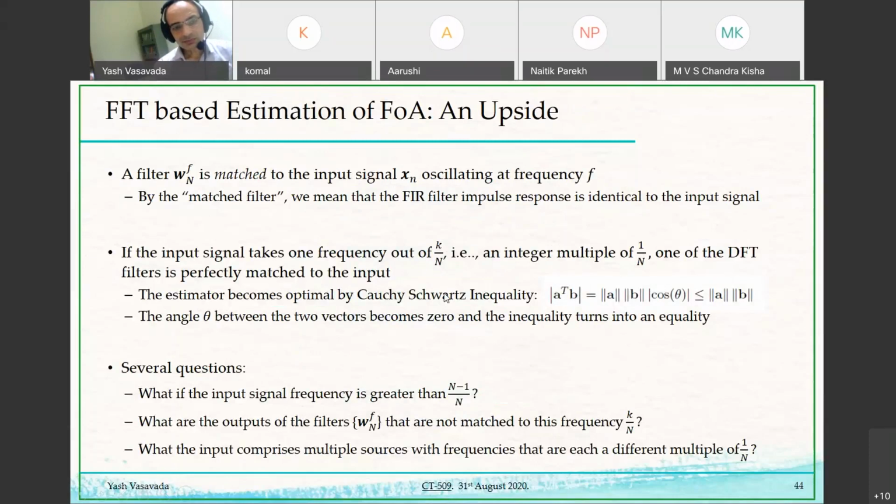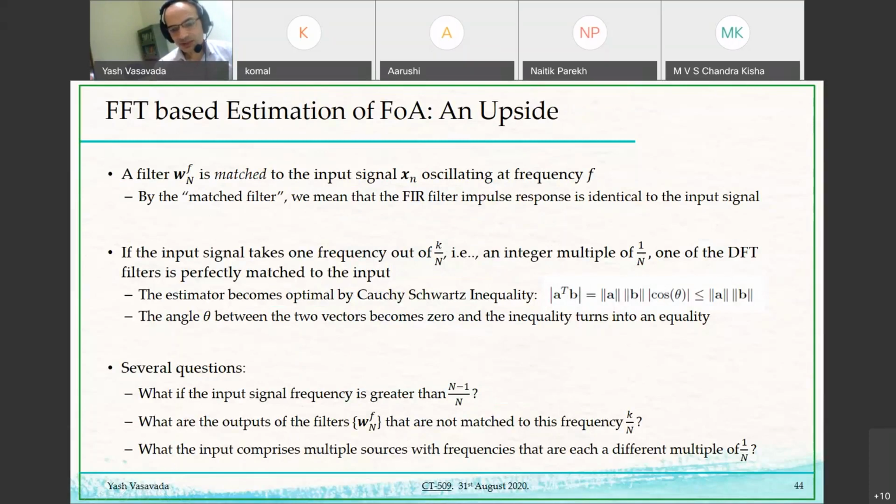But what if the frequency does not take one of these k divided by N values? What if the matching doesn't happen?